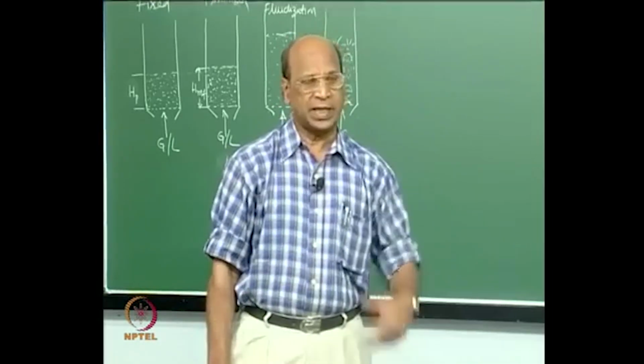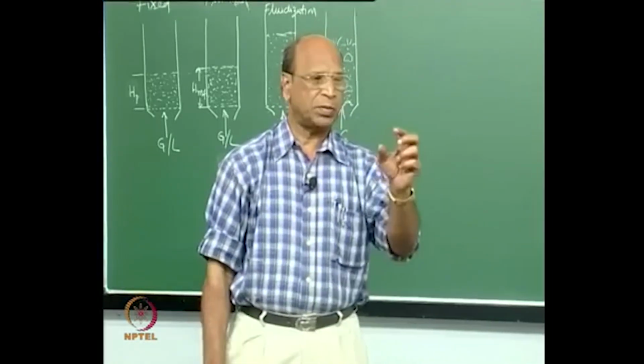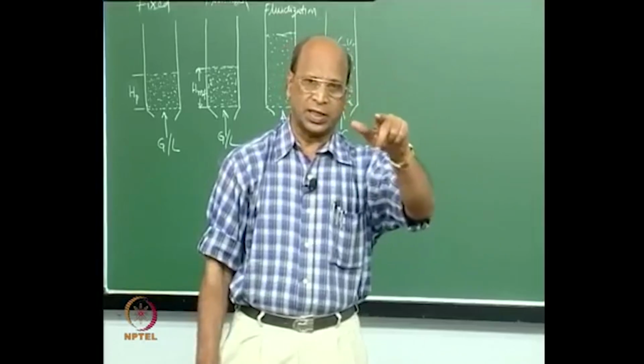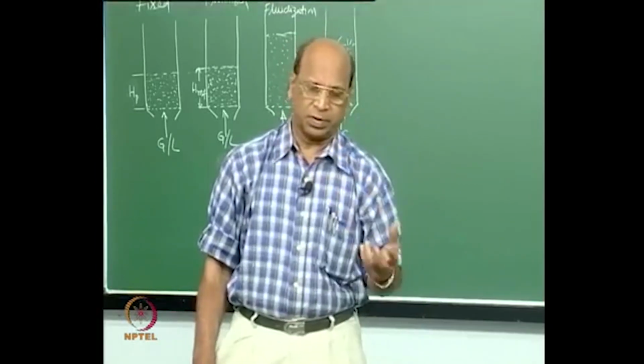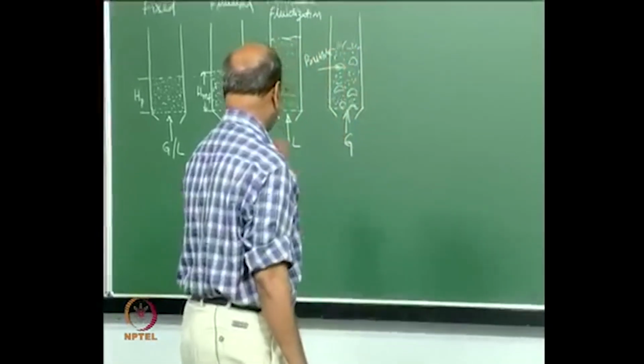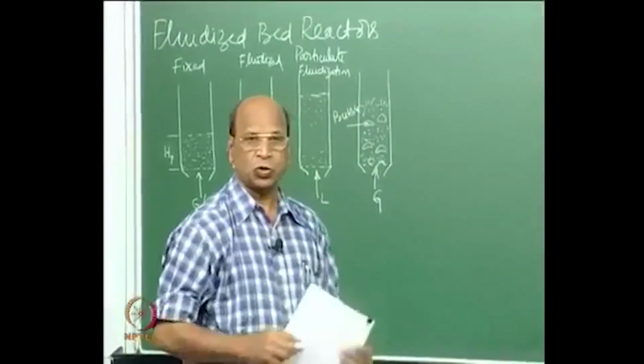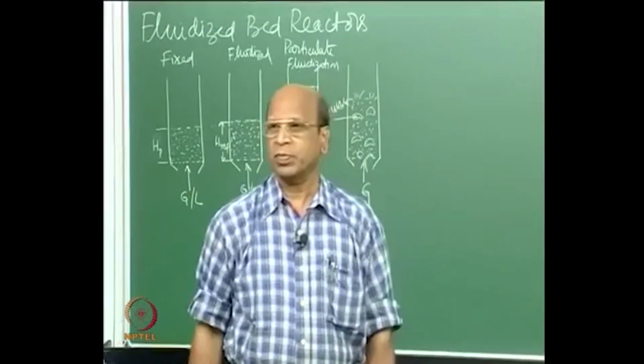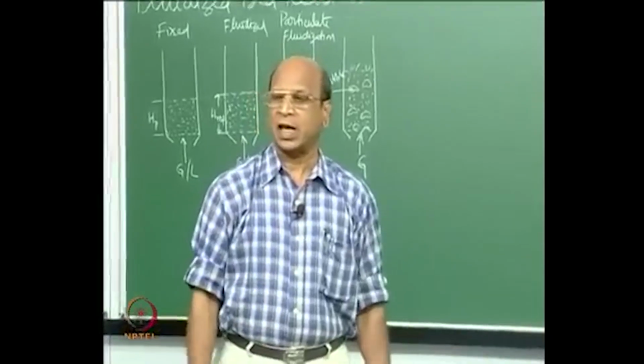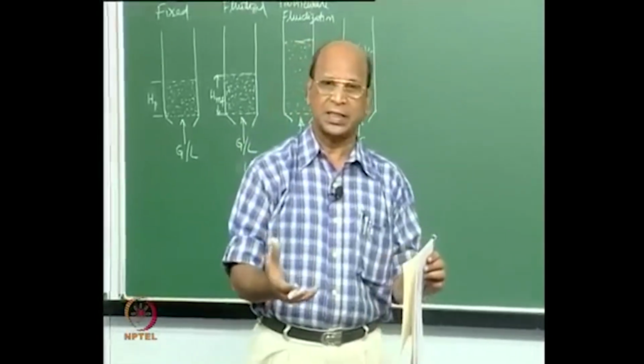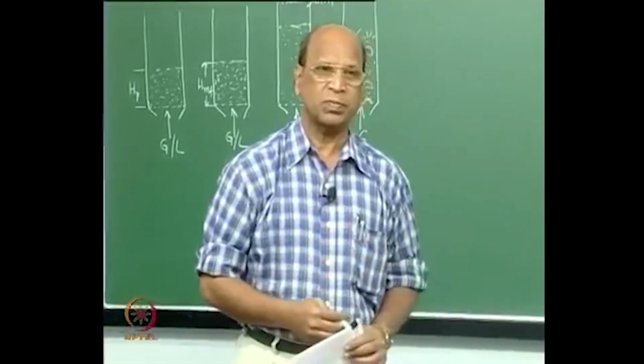So, that is why many researchers accepted that if I am sending u as the velocity, and the velocity at minimum fluidization is UMF, then u minus UMF multiplied by cross sectional area is the volume of gas that is in the bubbles.